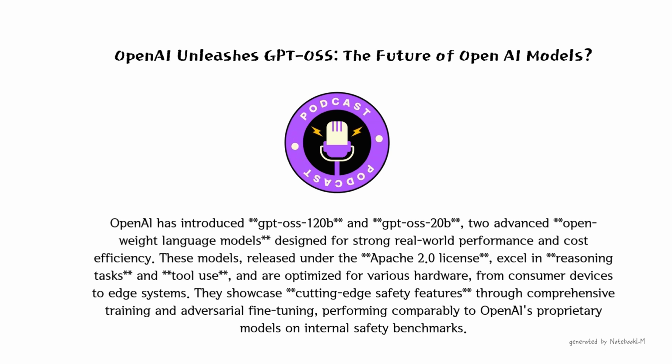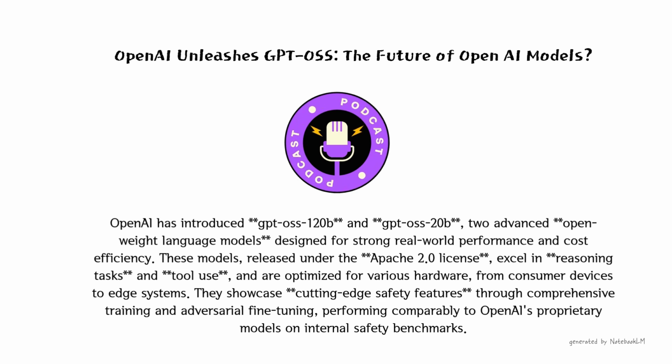Like GPT-OSS 120B has a huge 117 billion total parameters, but incredibly nimble in execution. It only activates about 5.1 billion of those parameters for any given token it processes. The smaller 20B model, similarly, has 21 billion total parameters, but only activates about 3.6 billion per token. It means they're not carrying all that weight all the time.